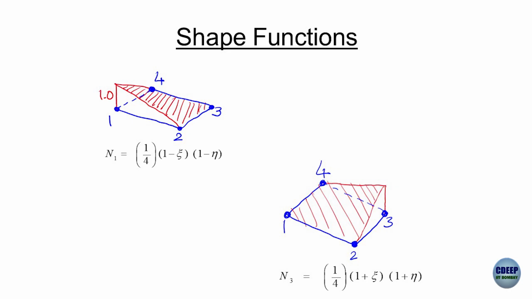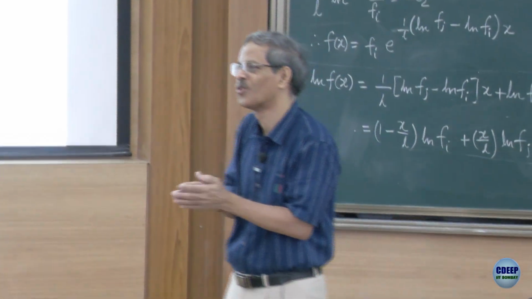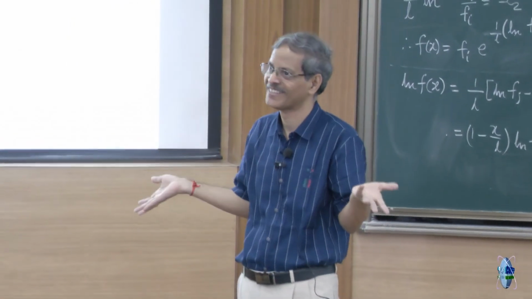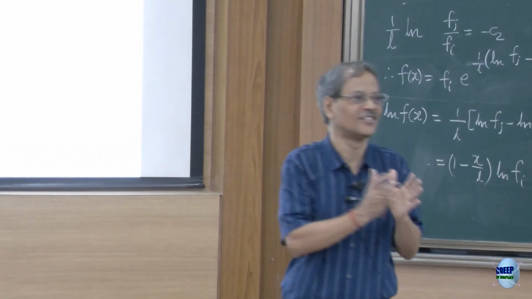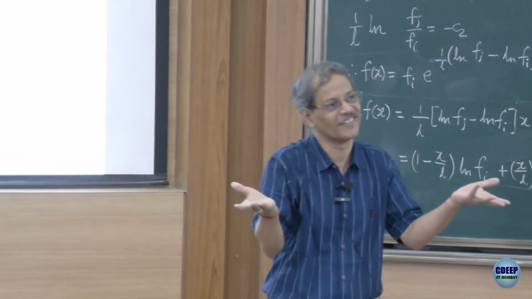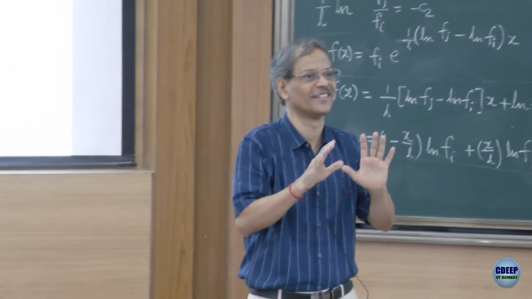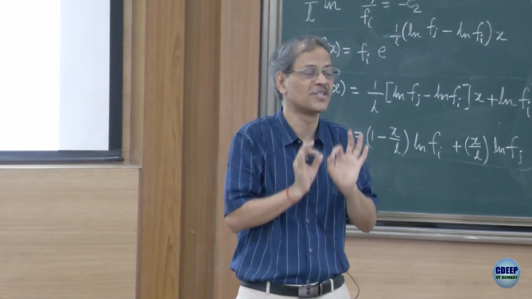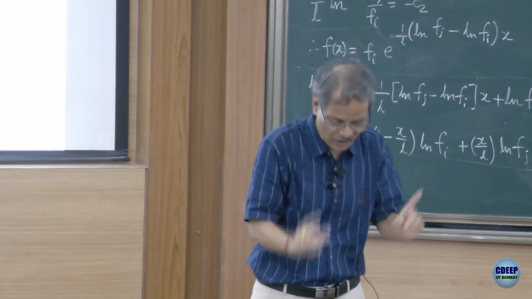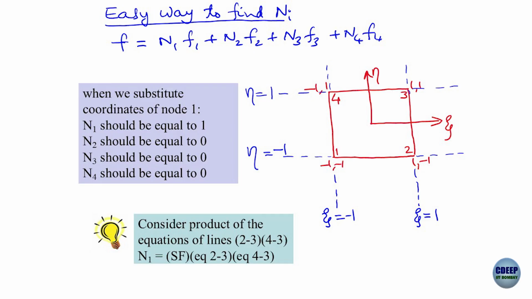Given any element, whether you have 4 nodes or more nodes, quadrilateral shape or triangular shape or whatever it is, you should be able to use this logic. What was the logic? N1 should be equal to 1 at node 1 when I substitute the coordinates of node 1.